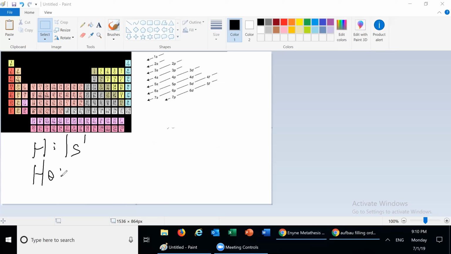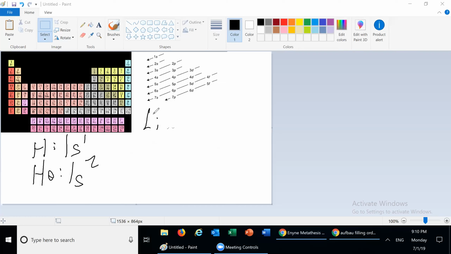So remember, we can put 2 electrons in the 1s orbital, right? So it's just 1s2, and that's it. Now let's look at lithium. This one has 3 electrons, right?